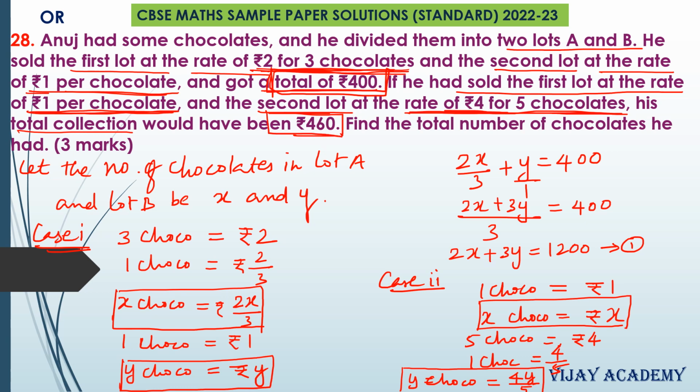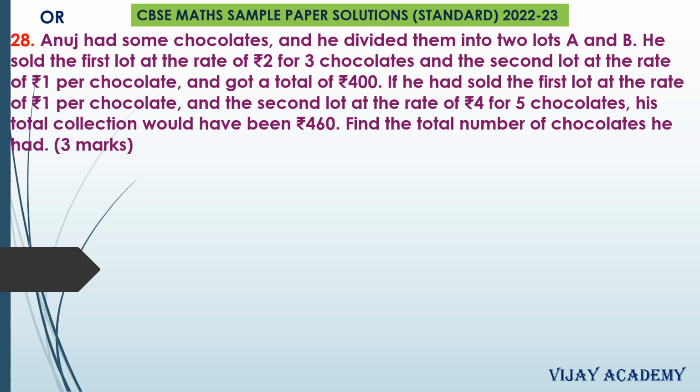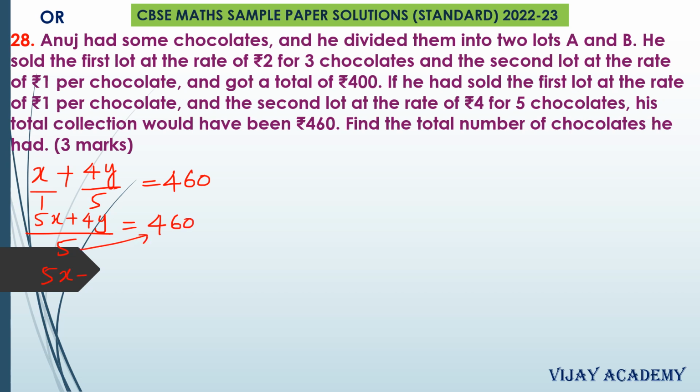So on adding the cost of the two lots, we get x plus 4y by 5 equals 460. Simplifying by taking the LCM of 1 and 5, which is 5, we get 5x plus 4y equals 460 into 5, which is 2300.